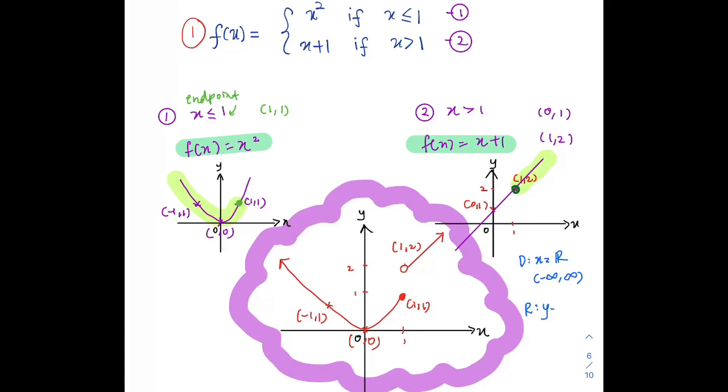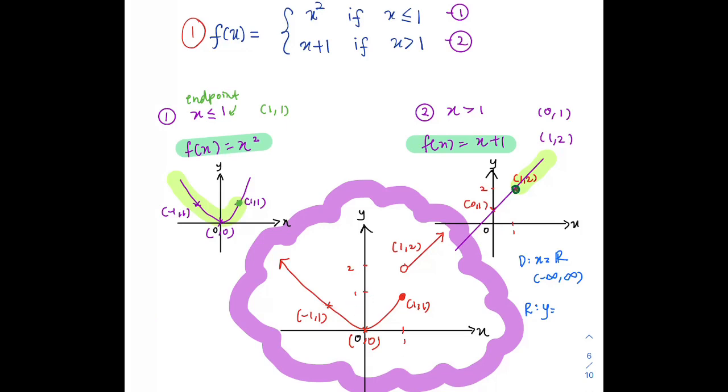Now, let's see the range. For range, you are looking at the y-axis. Where does it exist? Let's start with the negative y-axis. You don't have any graph down here. The only graph that you start to have is here at y equal to 0, and this is included. So let's go up here. This is all included.